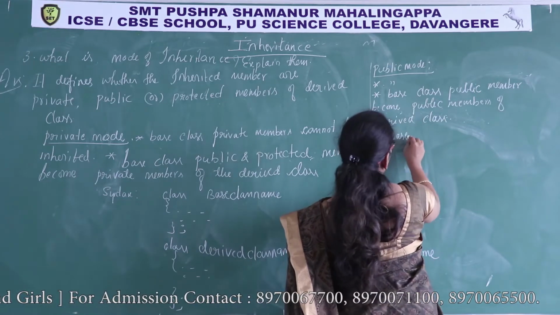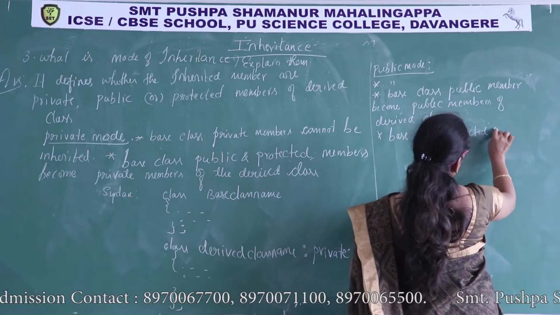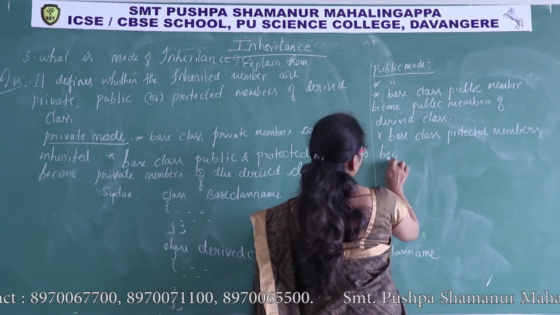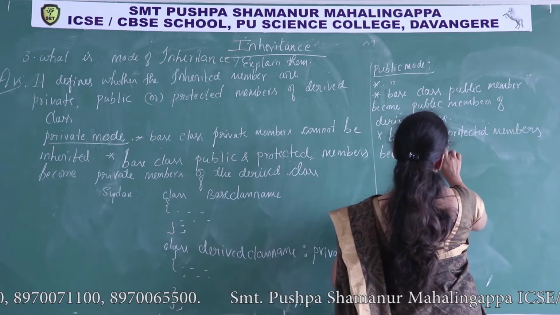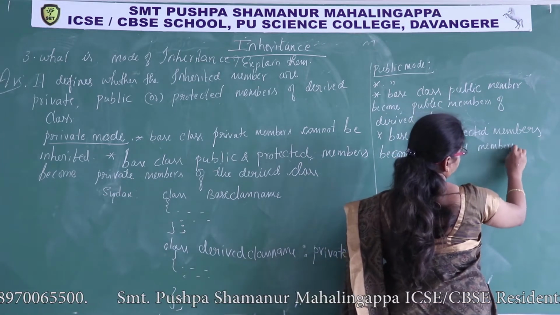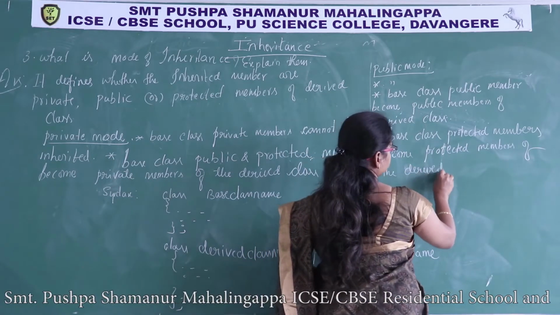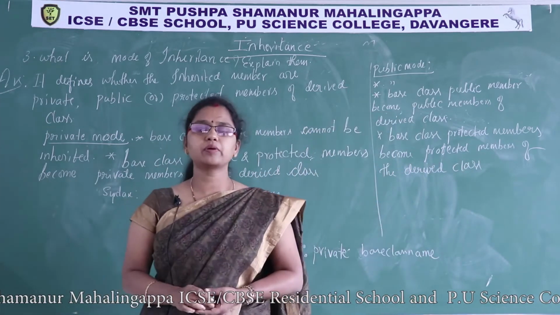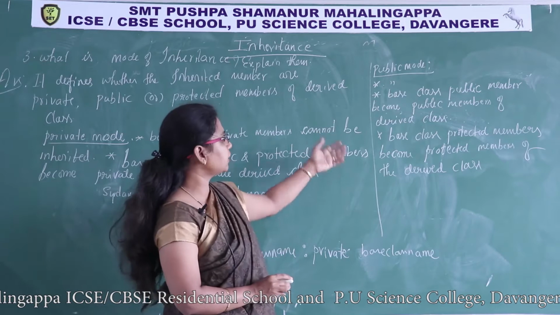Base class protected members become protected members of the derived class. Or in other words, you can say base class public and protected members go to the respective section of the derived class. Like that you can write, or you can write like this.